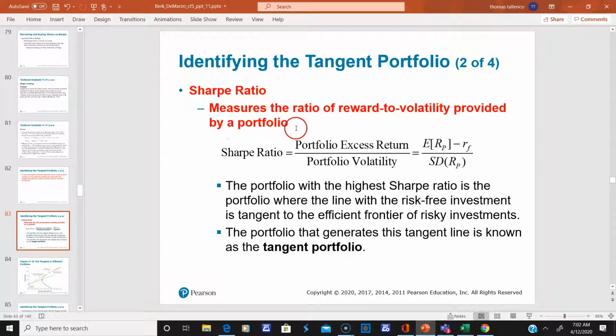So the Sharpe ratio is defined as the portfolio excess return, the excess above the risk-free rate, right? You notice they're subtracting the risk-free rate from your portfolio expected return, over your portfolio volatility. Obviously, if this is larger, your Sharpe ratio is larger.